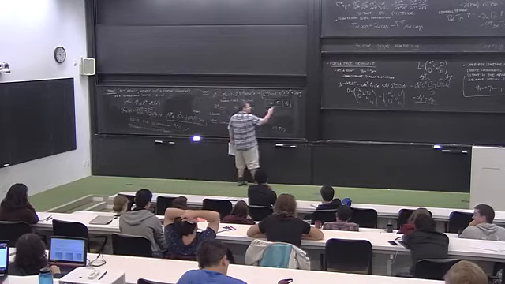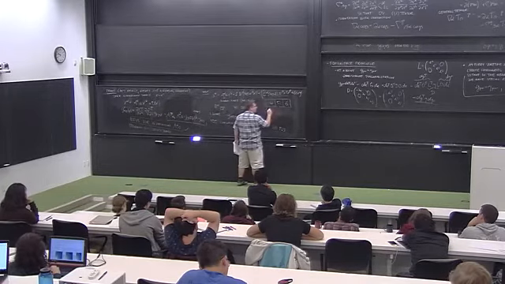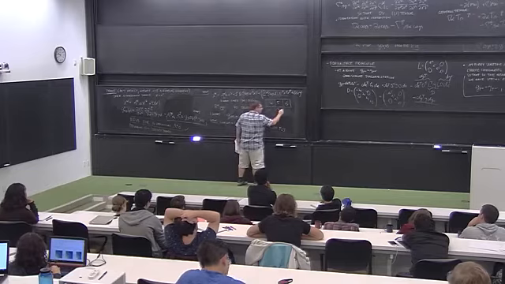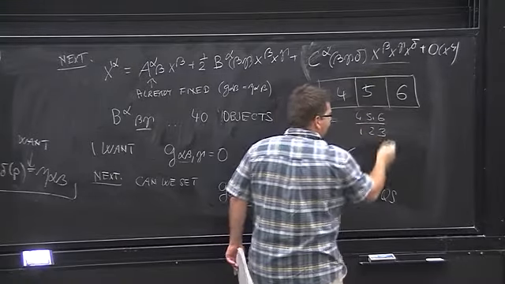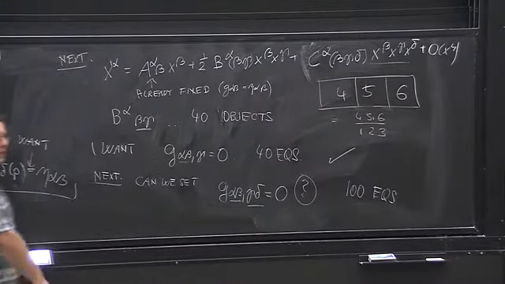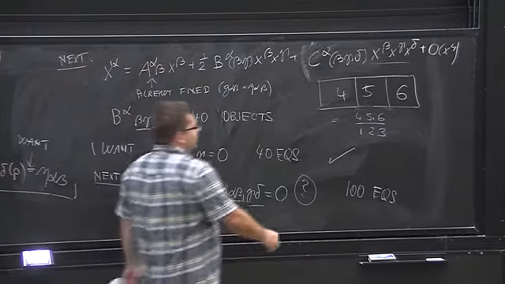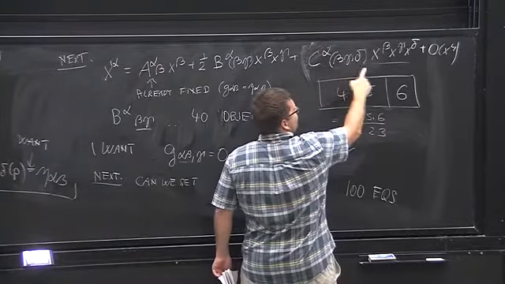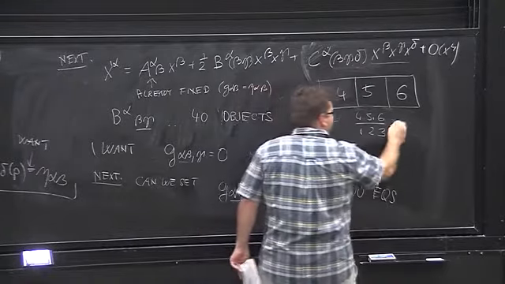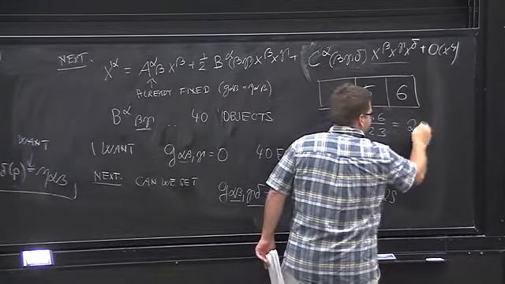The prescription of what this picture means is 4 times 5 times 6 divided by 1 times 2 times 3. You can find out about Young tableaus on Wikipedia. So this number calculates how many there are, and if you compute it, it's actually 20.